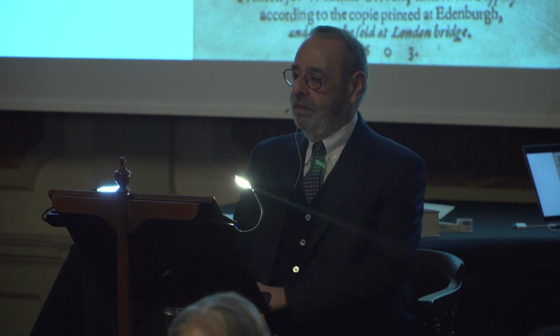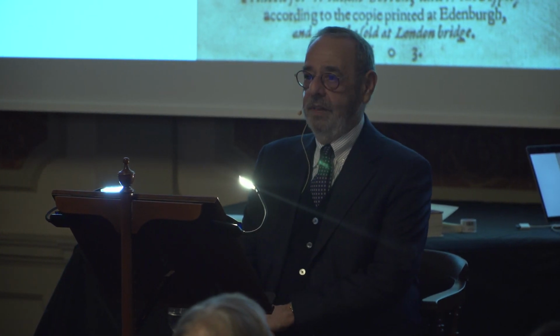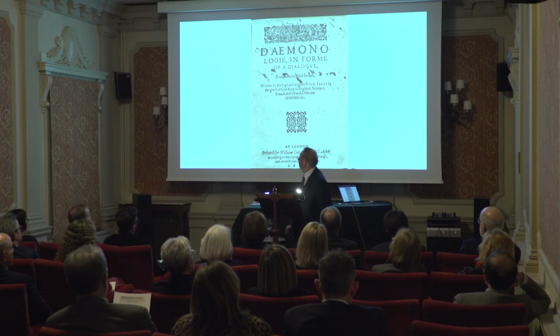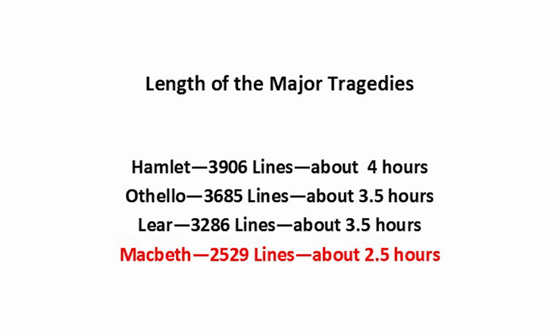Macbeth is the shortest tragedy in the Shakespeare canon. And just to throw some numbers at you, these are the major tragedies: Hamlet, Othello, Lear, Macbeth. Hamlet, of course, is the longest play. It's some 3,906 lines and runs for about 4 to 4.5 hours, depending how quickly the actors talk.